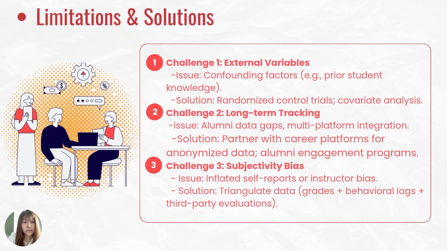To fix this, we can use random group assessments or adjust for a variable like GPA when analyzing the data. For example, in a language course, the researchers controlled for students' original English levels to make results more accurate.